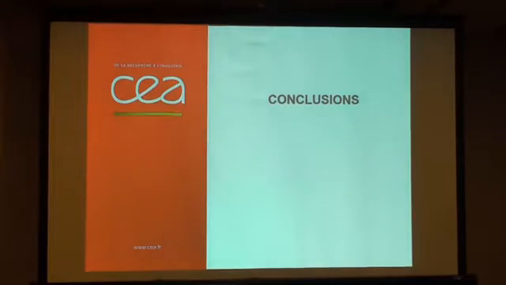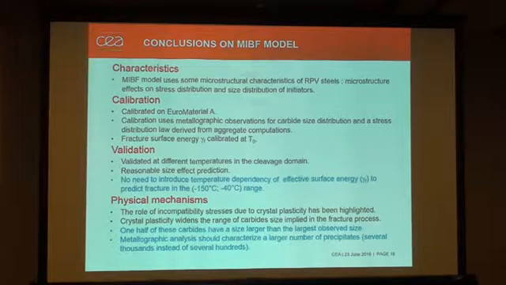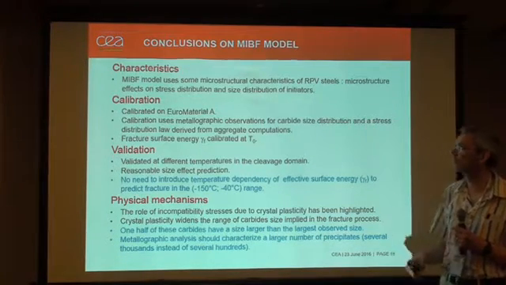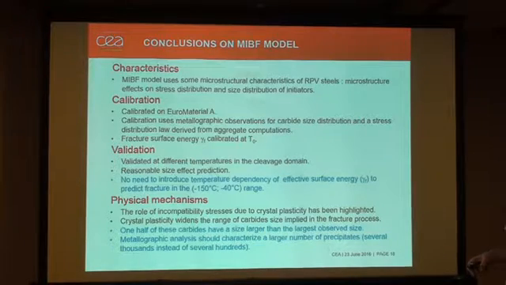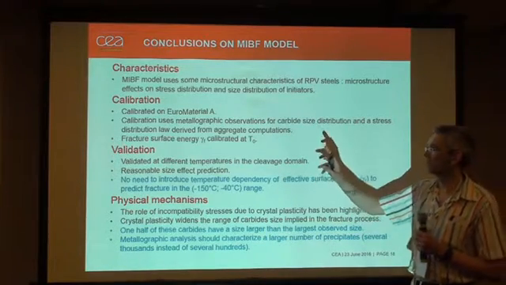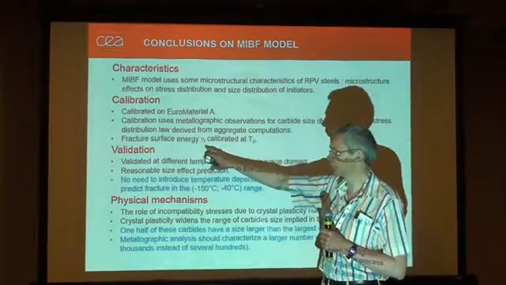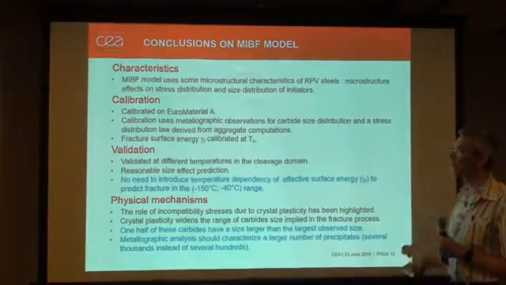So, in conclusion, MIBF is a model which uses some microstructure characterization of RPV steel, so the microstructure effect on the stress distribution and the size distribution of carbides. It has been calibrated on an RPV steel with only one parameter, which is calibrated around T0.